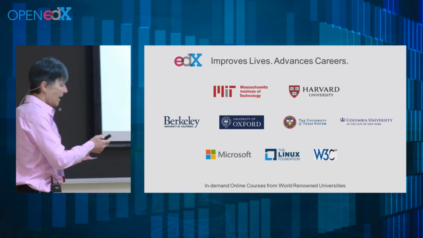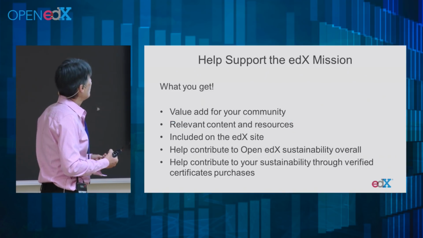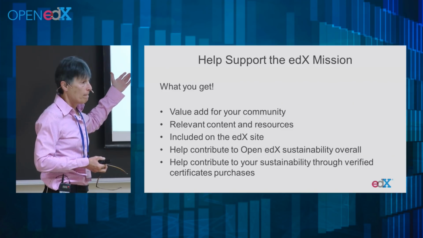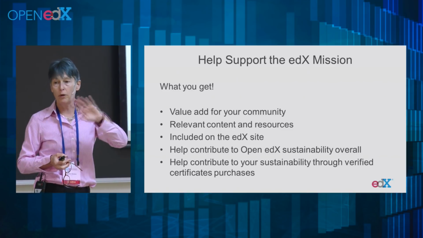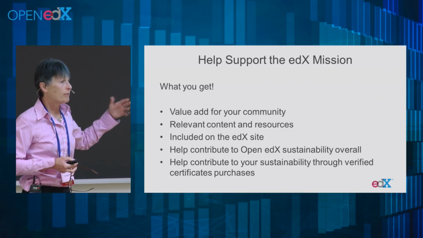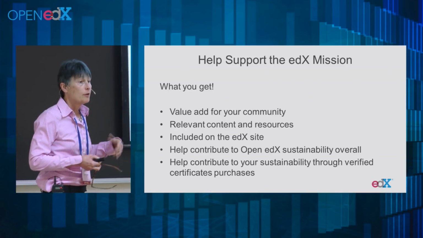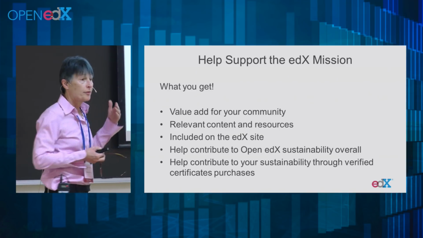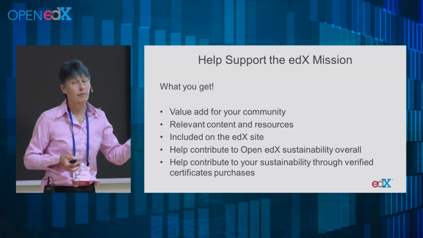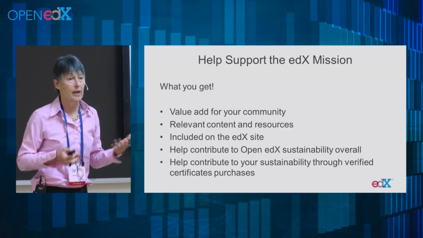So you get a value add for your community. I'm not asking you to compete with what you're doing, but you could offer select courses, or all courses, to your community. It's new and different information, and for some of you it's in a different language, so it's even less competitive.